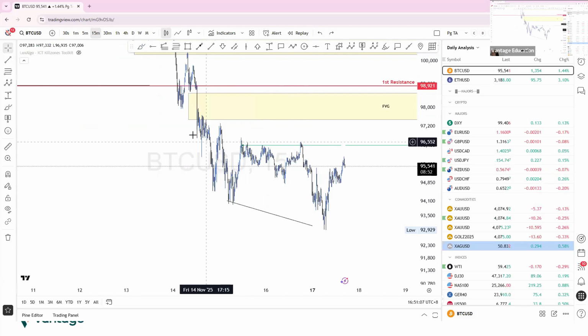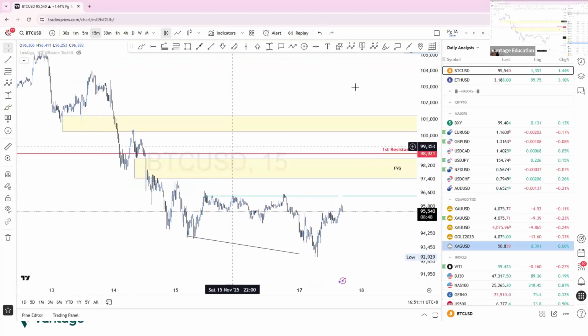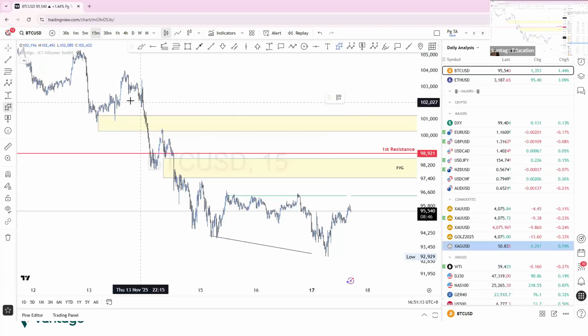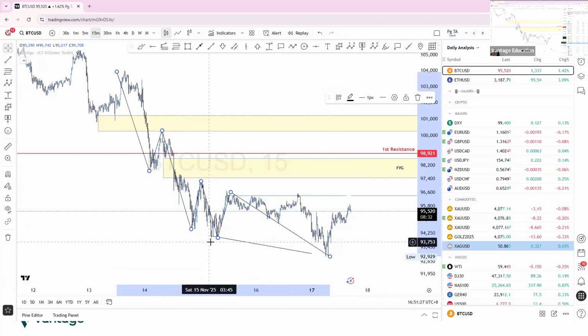Let me look. Right. In the M15, you're gonna look at lower low, lower high. I would say this is lower low, lower high, lower low, lower high, lower low.